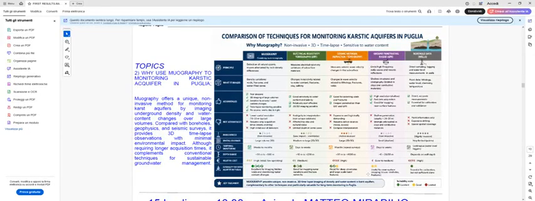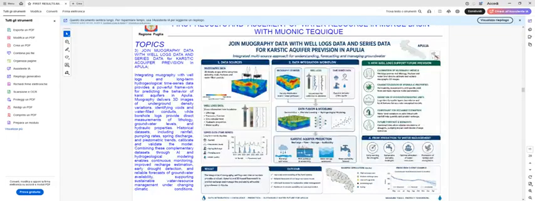Instead, for example, GPR ground-penetrating radar is useful for near-surface mapping, and borehole data are essential for calibration, but not sufficient for mapping a large area.